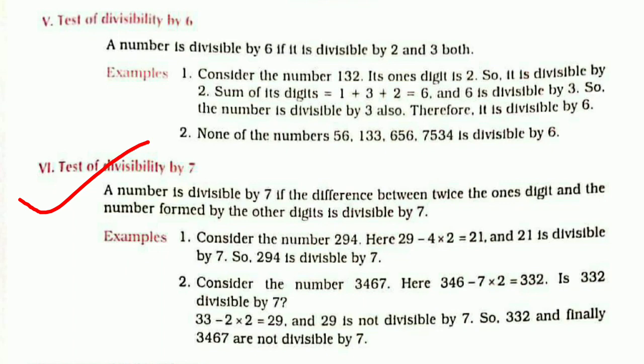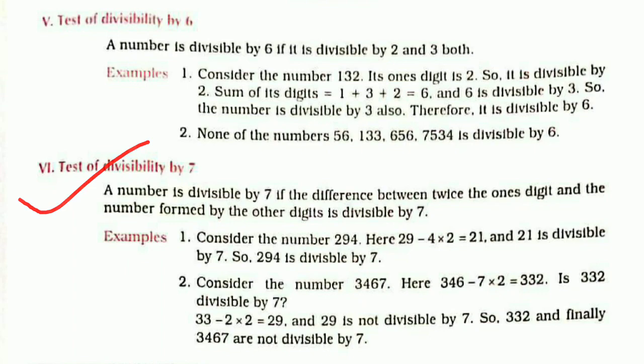And from 33 we subtract 4, then we get 29, and 29 is not divisible by 7, so we can say that 332 is not divisible by 7, and the final number which we have, 3467, this whole number is also not divisible by 7. I hope you are understanding this.